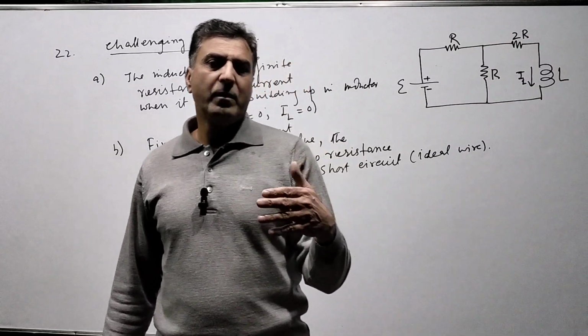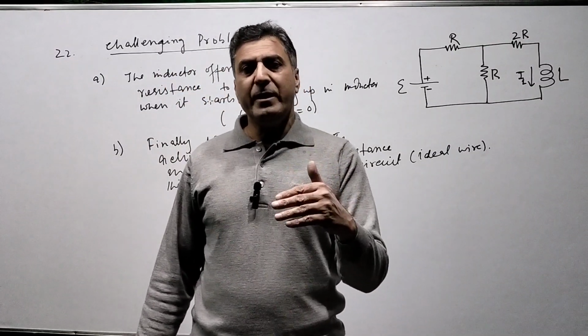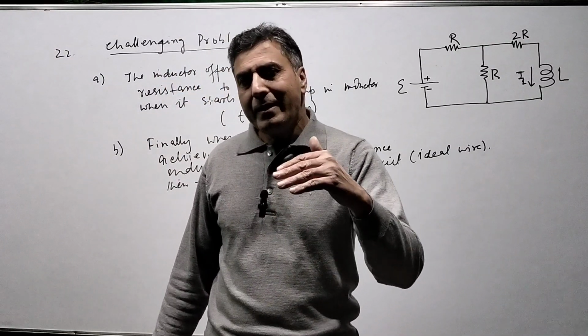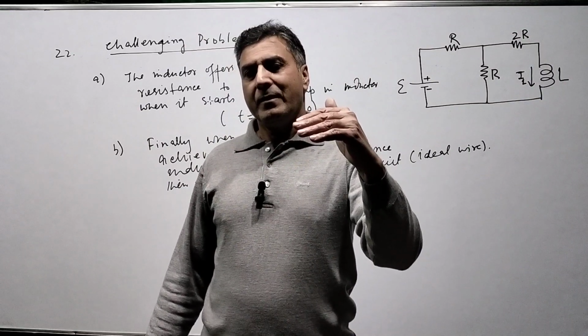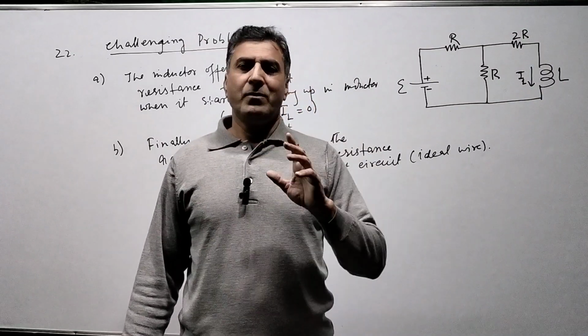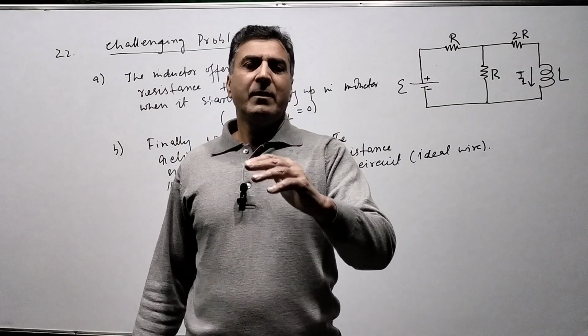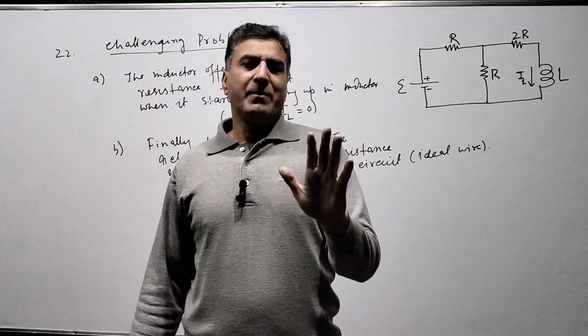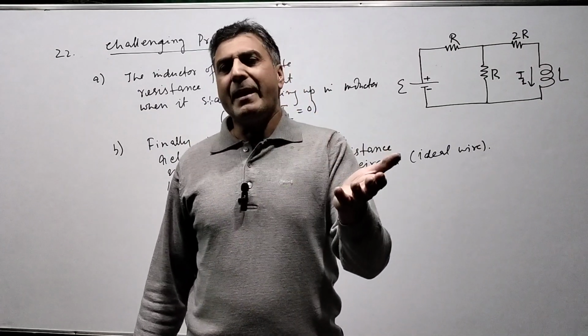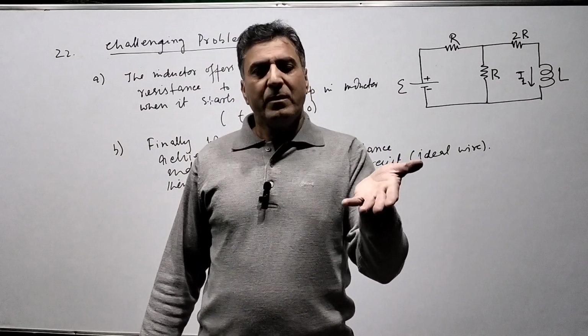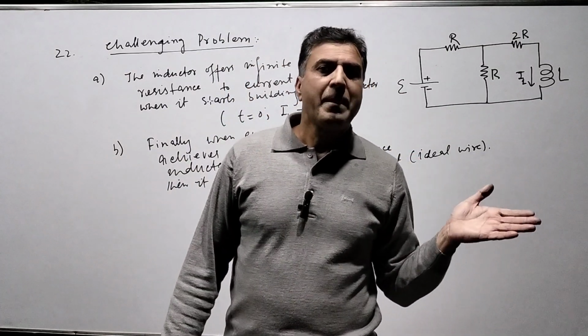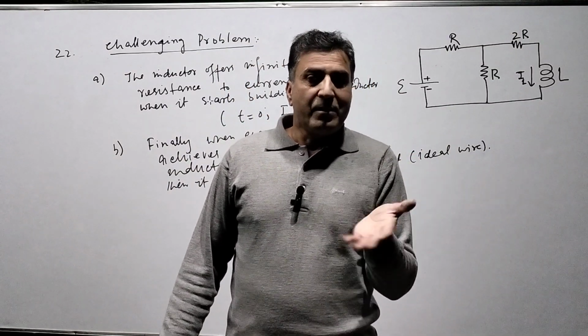So what you remember is, initially, when the current starts building up in the inductor, the current in the inductor is 0. And finally, the current in the inductor is maximum, because by that time, when the current is steady, the reactance offered by the inductor is 0.